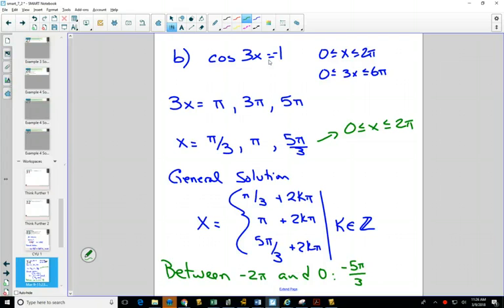What's coterminal with pi in the negative direction? That would be negative pi. And what's coterminal with 5 pi over 3 in the negative direction? That would be negative pi over 3.